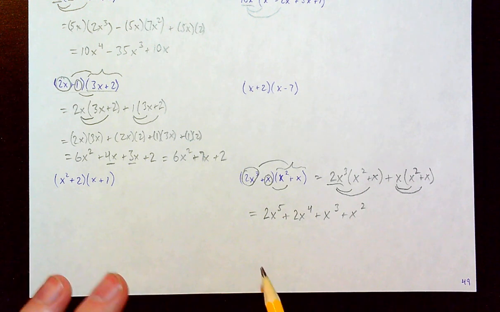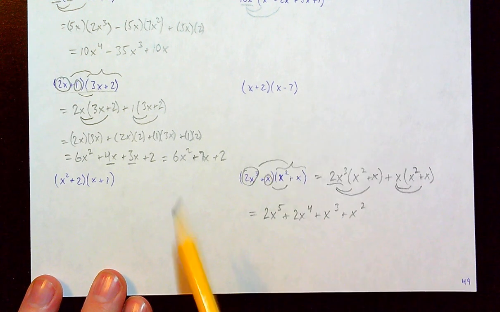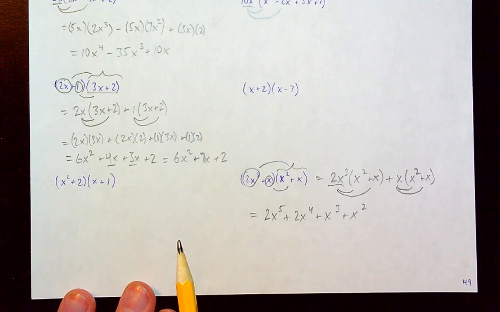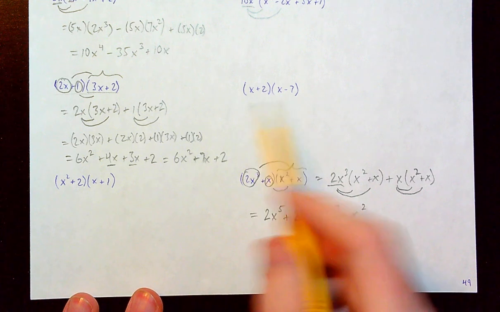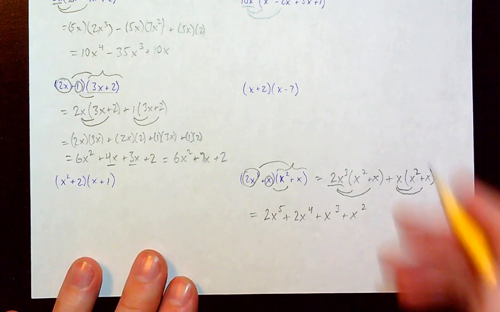Now, these last two problems that we've done here, these guys on their own are each called binomials. They're binomials because they have two terms, and we were multiplying two binomials. So you may be familiar with the concept of FOIL.